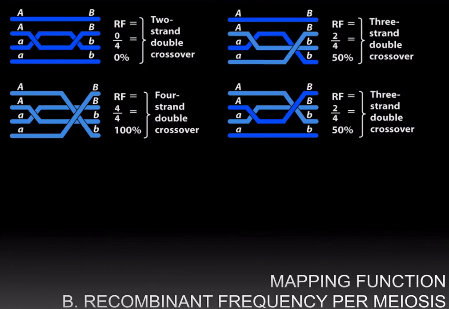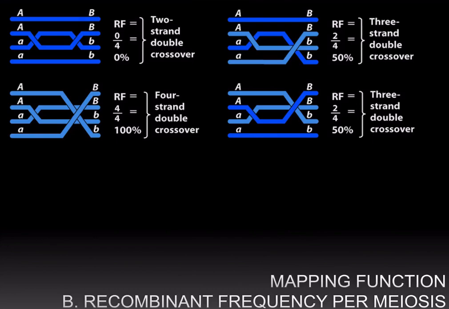Interestingly, it turns out that even if you have two crossovers, a double crossover, on average you will produce 50% recombinant gametes. So if you have two-strand double crossovers, where two strands had a crossover and then the same two strands cross over a second time, then there are no recombinants produced.